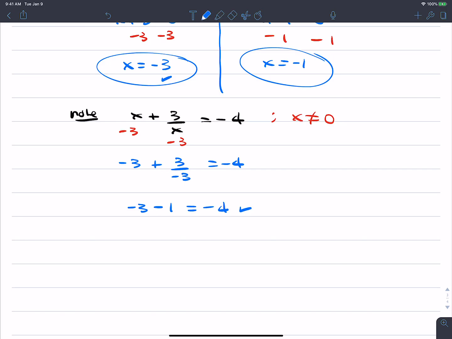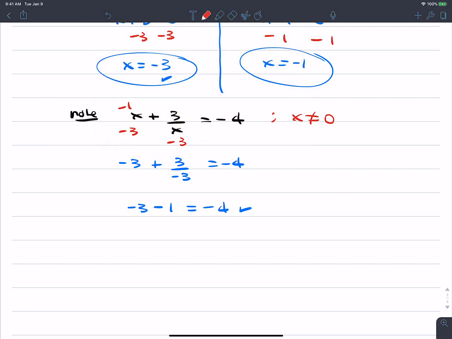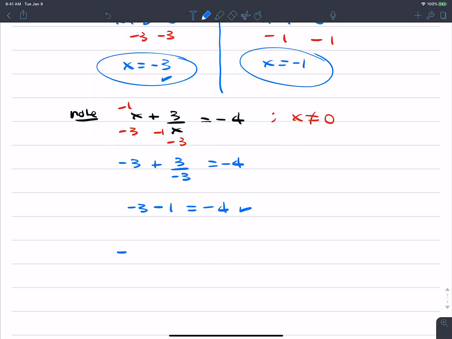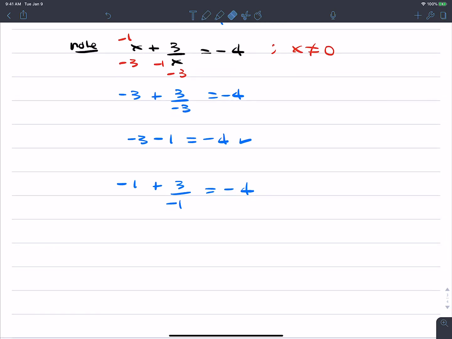What if we plug in the other value, negative 1? Now we get negative 1 plus 3 over negative 1 should be negative 4. So negative 1 minus 3 is in fact negative 4. That's what we mean by having a solution.